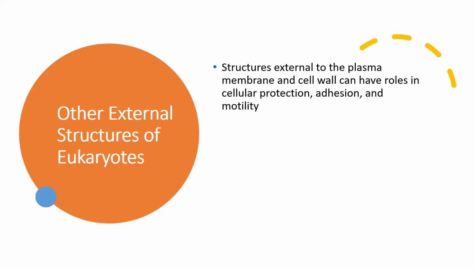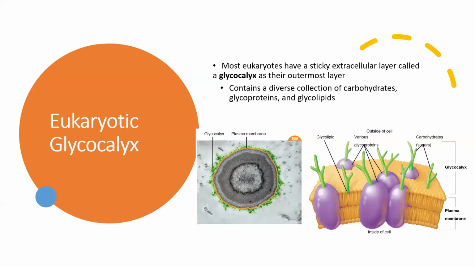Eukaryotes have other external structures which can be used for cellular protection, adhesion, and motility. When we're thinking of the glycocalyx, this is very similar to the glycocalyx of a prokaryote. So this is going to be used for adhesion. It's going to be made up of primarily carbohydrates, glycoproteins, and glycolipids. It allows cells to adhere to other cells or to surfaces.